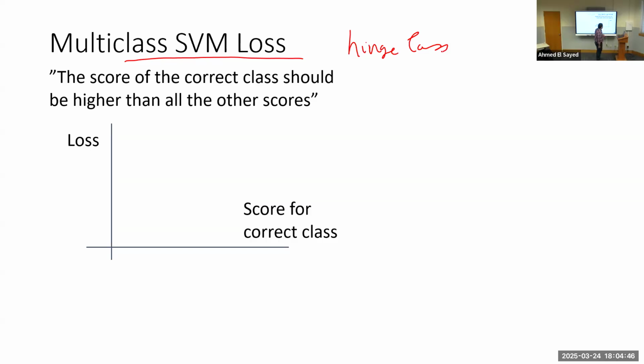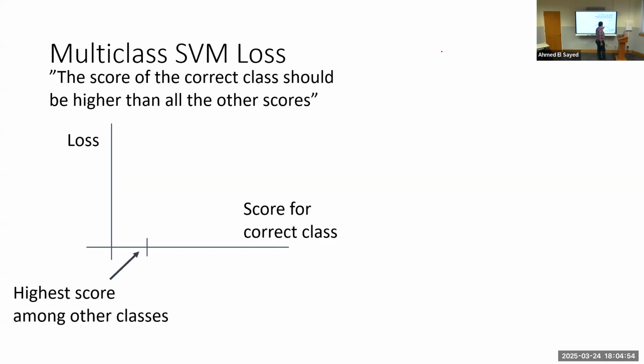What does this function say? It says that I will generate the score for a specific sample. So I'm calculating L_i, f of x_i and W. So this is the score. Then I will compare this score with the correct score for this sample and compare it with the scores of the other classes.